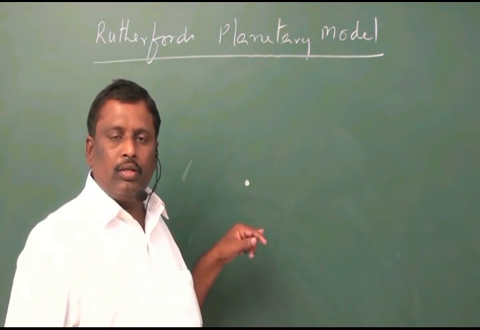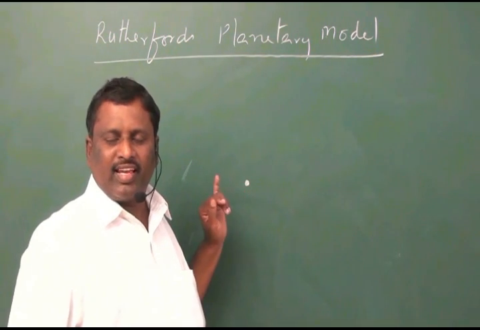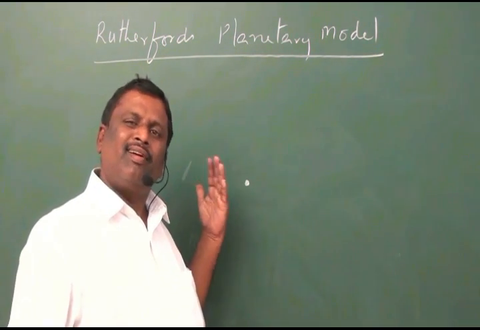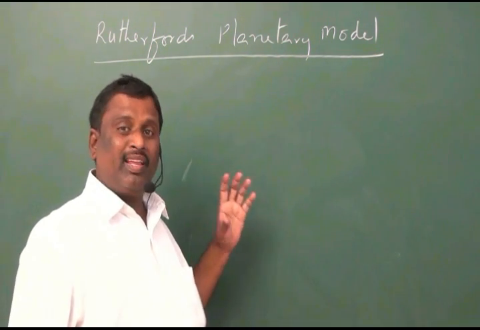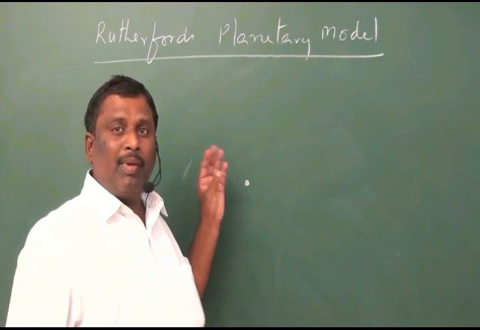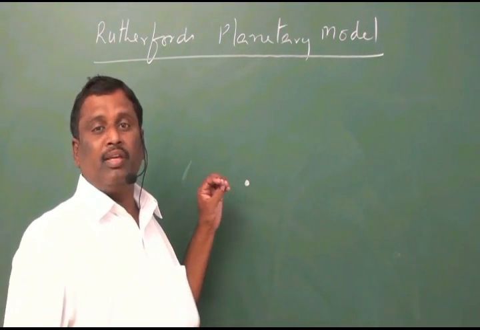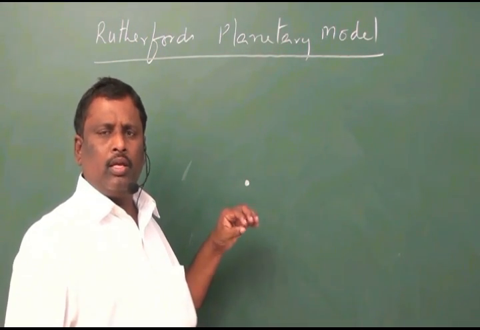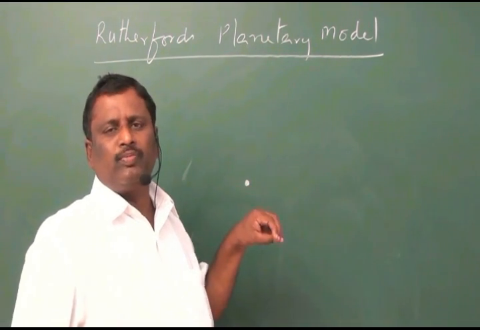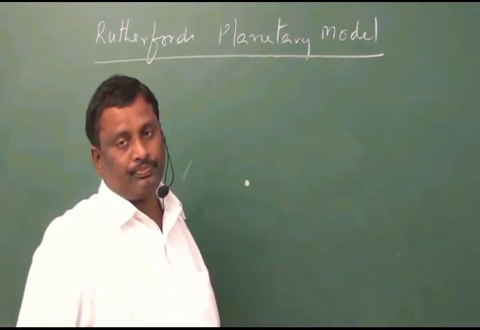Because at the time of Rutherford's alpha ray scattering experiment, neutrons were not discovered. But he imagined that certain other particles with certain mass may also be present along with these protons in the nucleus.